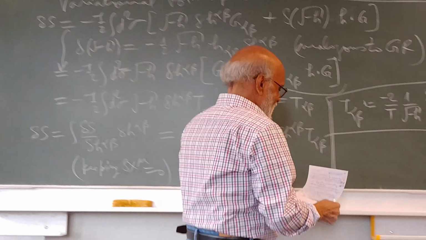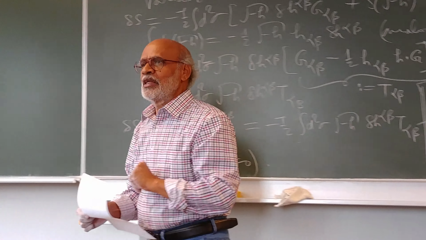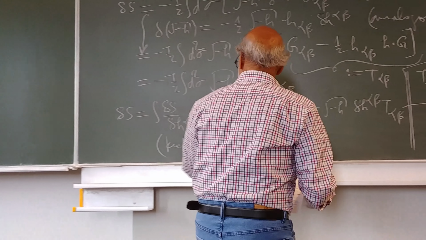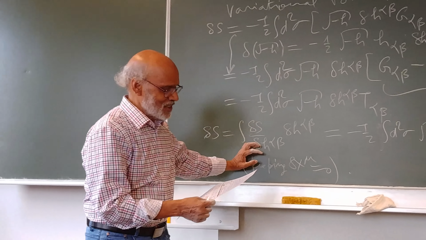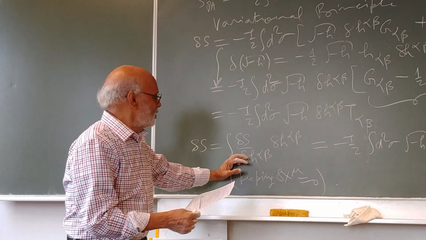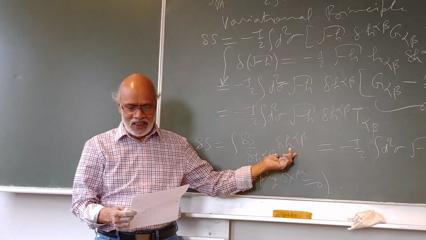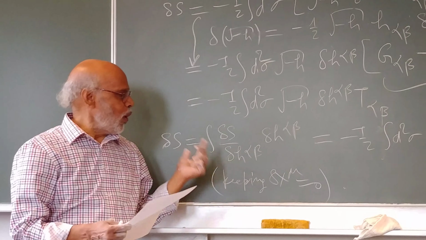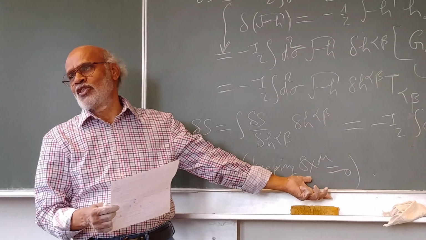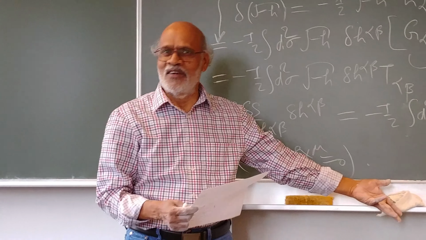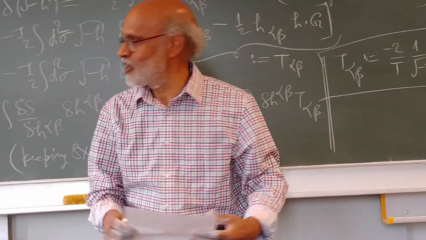What actually happens, this energy momentum tensor T alpha beta, it measures the response of S with respect to the metric variation delta H alpha beta, keeping all other fields unchanged. So this is one of the standard definitions that you find at many places.